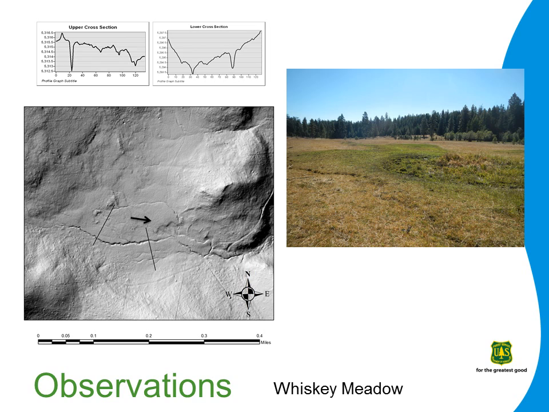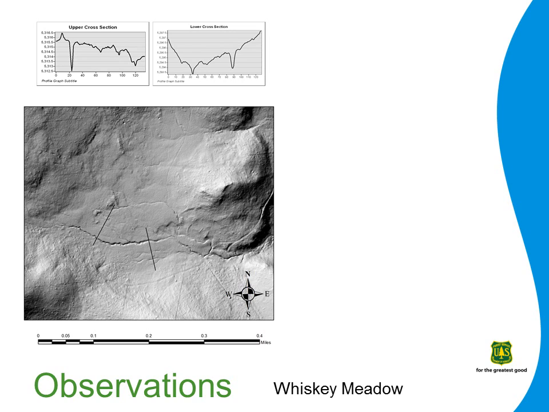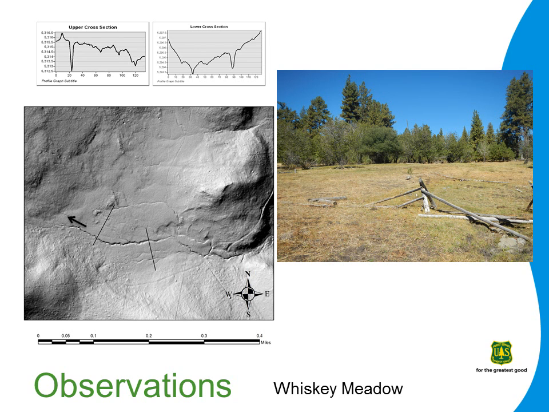This photo is showing the spring head with moderate to heavy utilization and a shrunken wetland extent. The other spring head was historically fenced and had a spring box connected to a trough that's currently in a non-functioning condition.